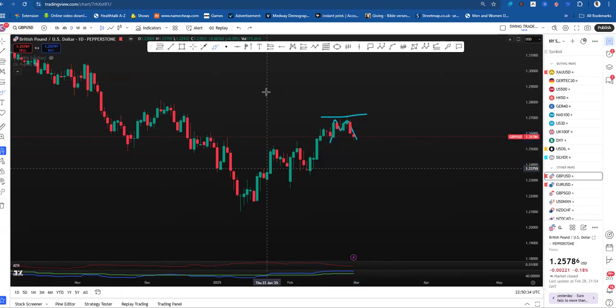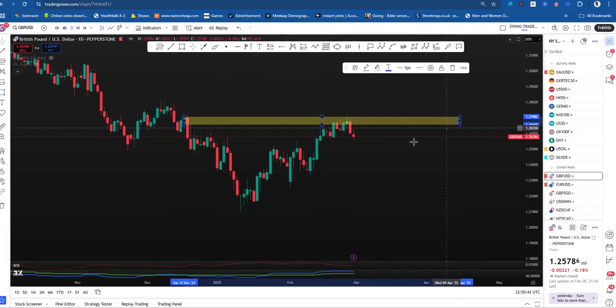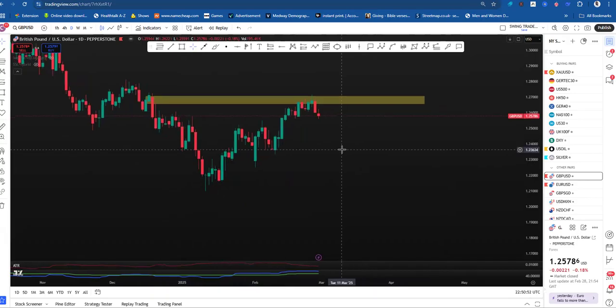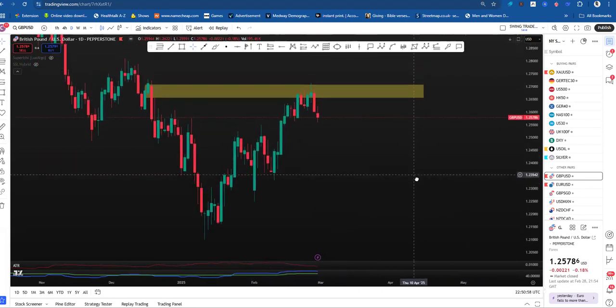I want to mark this area where price stopped right here, this order block that price tapped into. This is daily. That would be our resistance. And also, we should look at two things here.